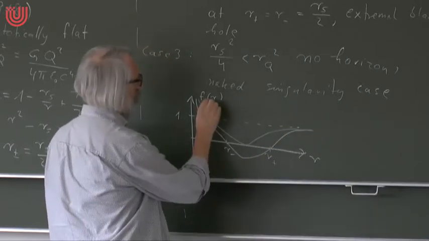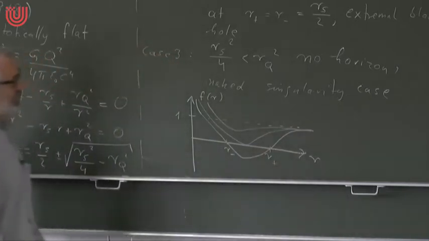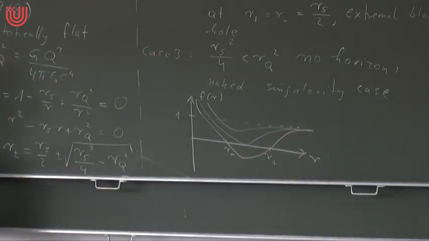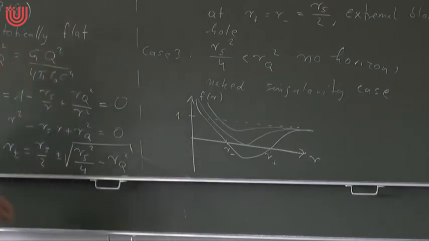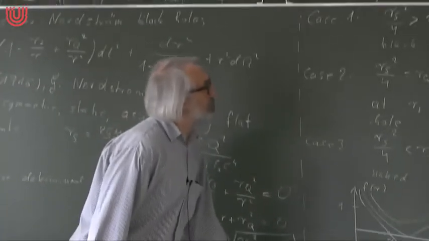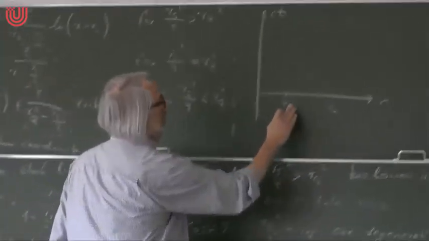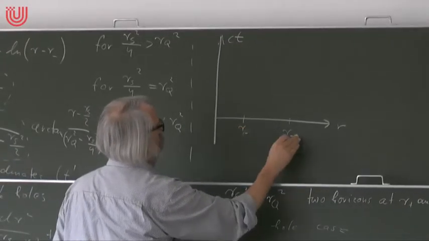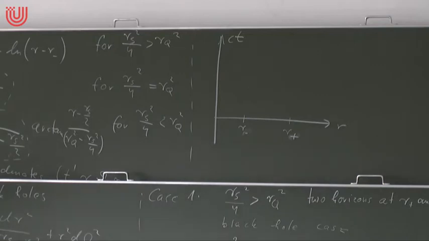And for case 3, it is something like that. Yeah, so that's our function f. And that's the moment we are in this case where we have a zero r minus and a zero r plus. And that's what I've indicated. It's the other way around, of course. The convention is that we call the bigger one r plus and the smaller one r minus, as I've written it here on this board.